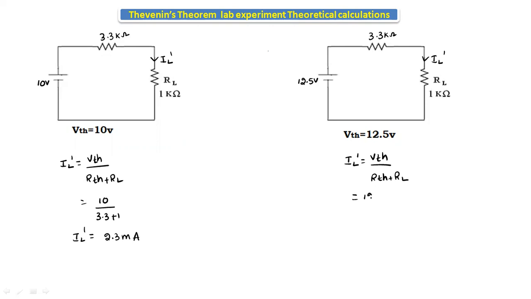Here VTH value is 12.5, and 3.3 plus 1. If we calculate IL dash value, we will get 2.90 milliamps. Like this, we will calculate the IL dash. If you know VTH value and RTH value, we can find out IL dash by using simple Ohm's law.